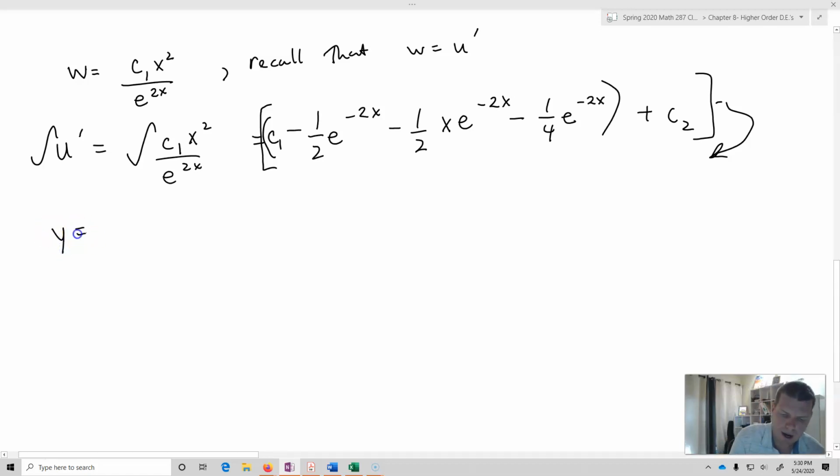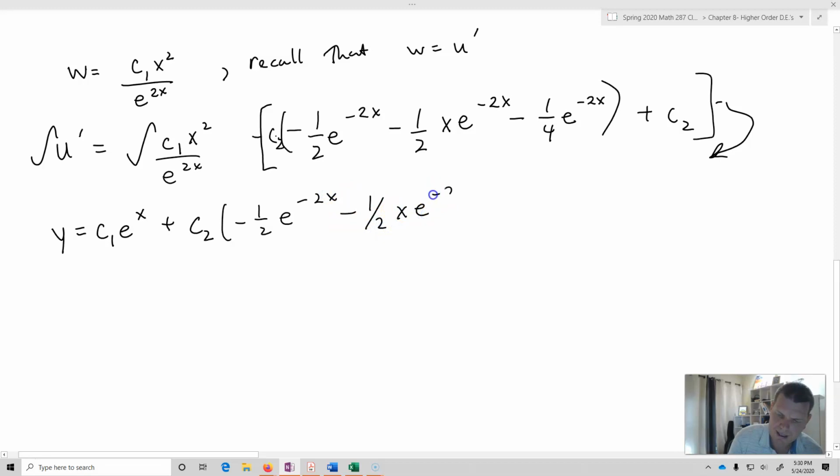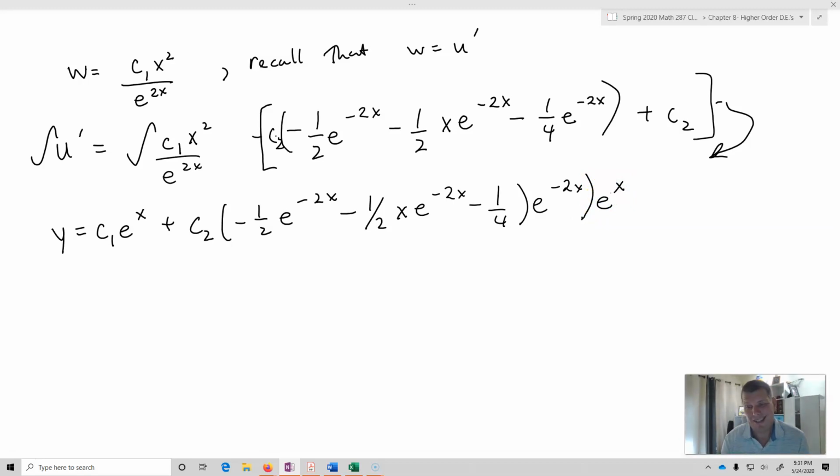So y, our full solution, is going to be c1 e to the x, plus c2 times negative 1/2 e to the negative 2x minus 1/2 x e to the negative 2x minus 1/4 e to the negative 2x, all multiplied by e to the x. You can go in and simplify that because it's algebra. You can do this.